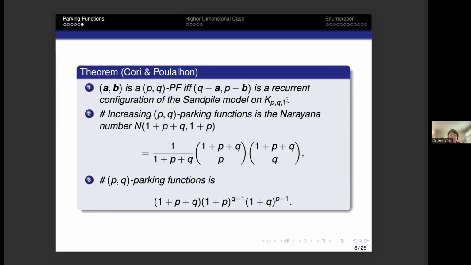So there's a natural generalization of the classical case, because the classical case corresponds to recurrent configurations of the sandpile model on complete graphs on n+1 vertices.